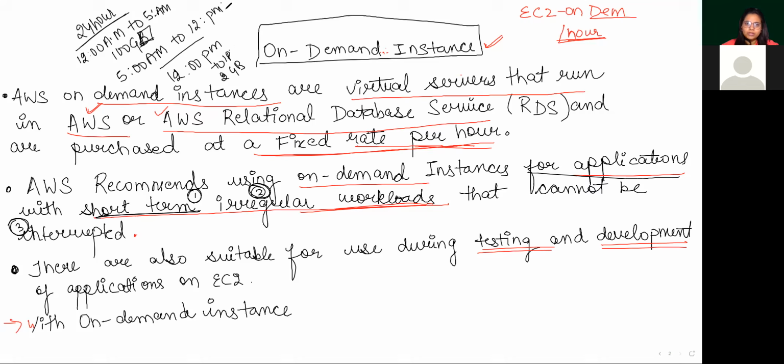It means you are not regularly updating the data; sometimes you are updating, sometimes you are not, sometimes you are updating less data. You are not regular with your work. That's why we say this type of workload is known as irregular workload, meaning at some times it is very high, at some times it is very low.